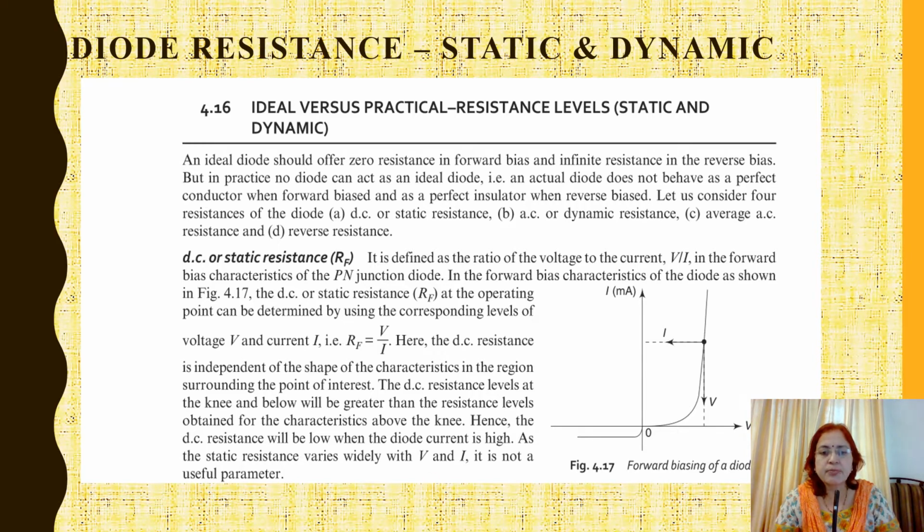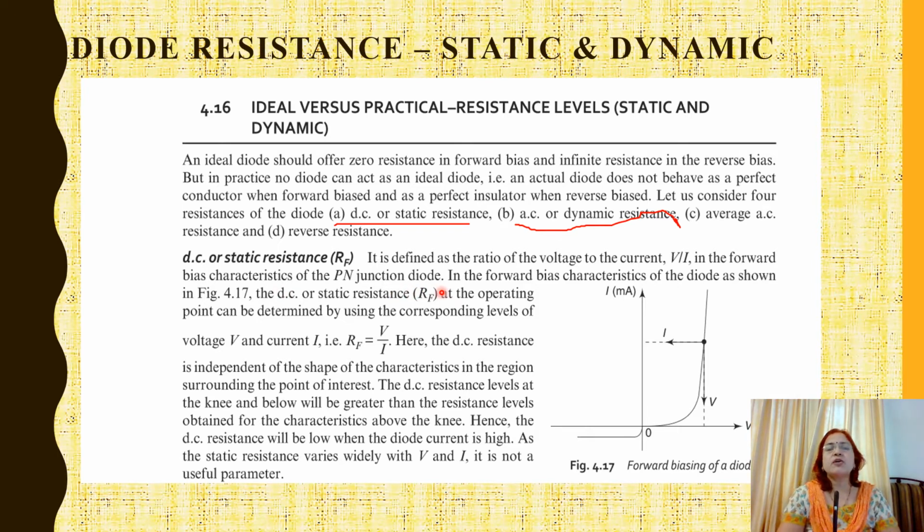So we have to consider only this one, DC or static resistance, and second is AC or dynamic resistance. Now consider this one, DC or static resistance. It is defined as the ratio of the voltage to the current. It is simple one, V upon I in the forward bias characteristics of the PN junction diode.